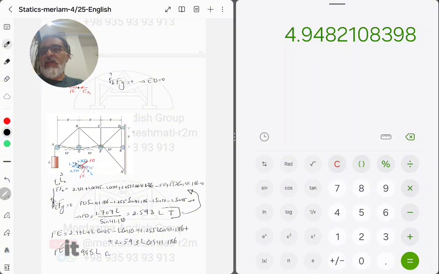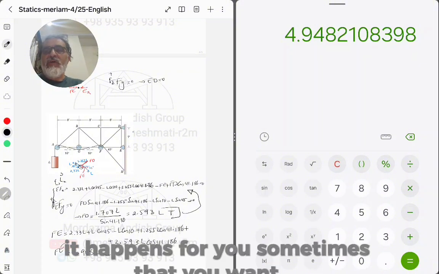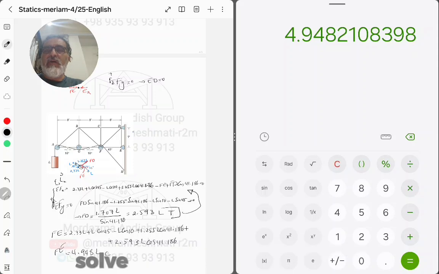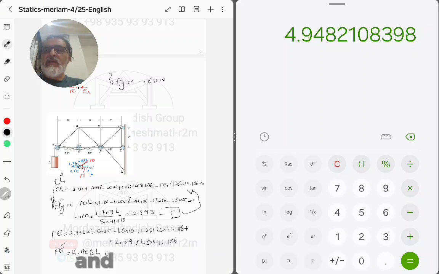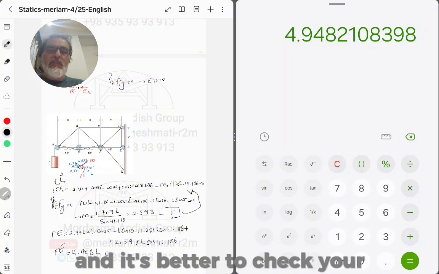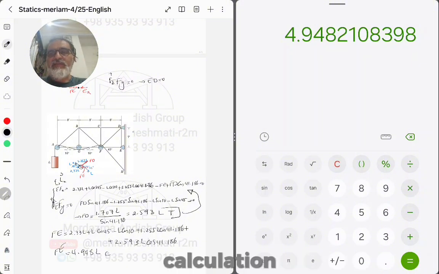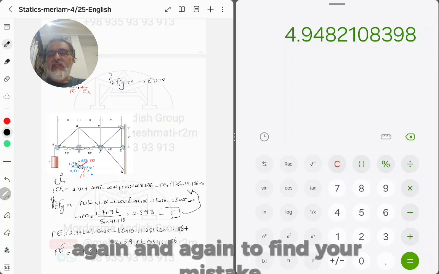It happens for you sometimes that when you want to solve these kinds of problems, it's better to check your calculation again and again to find your mistake.